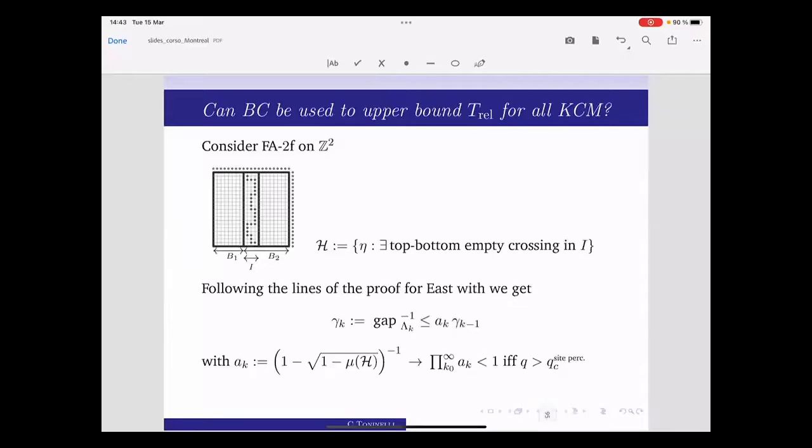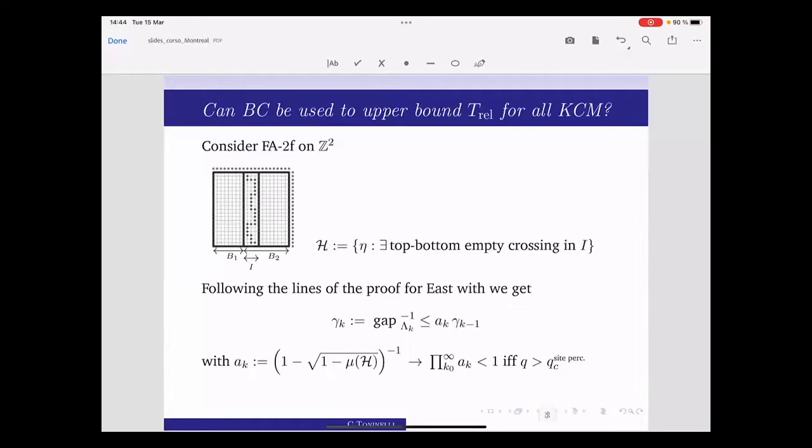So one natural thing to try is, for the FA2F model, to define a block dynamics in which I cut into two blocks at scale K. The block on the right again has its constraint satisfied thanks to the boundary condition, so it can flip freely, with no constraint.